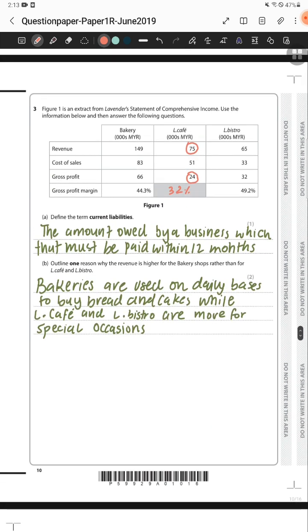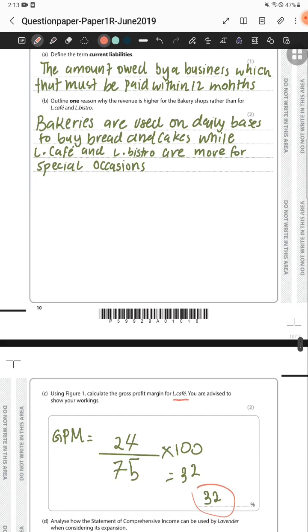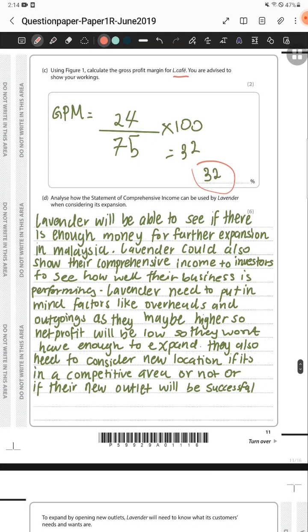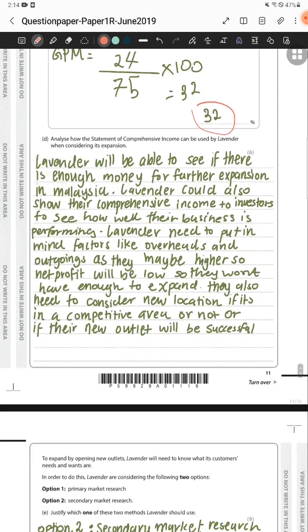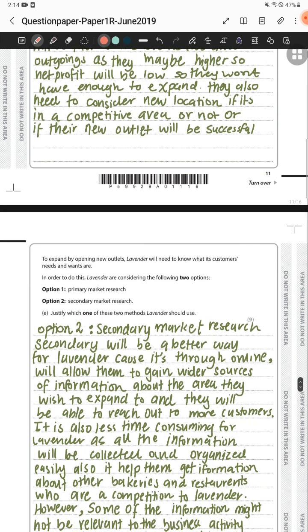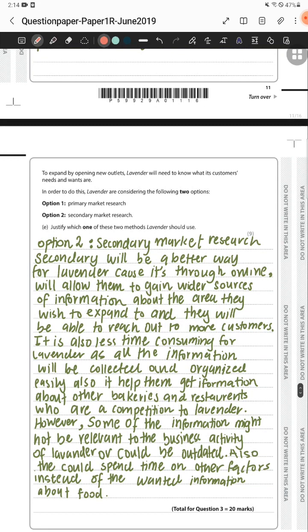And the comprehensive income statement isn't the only factor a business should be analyzing. As I said as well, the location is very important. The rent of the location, the area which the location is in, the shops nearby, and all of these are factors of expansion.